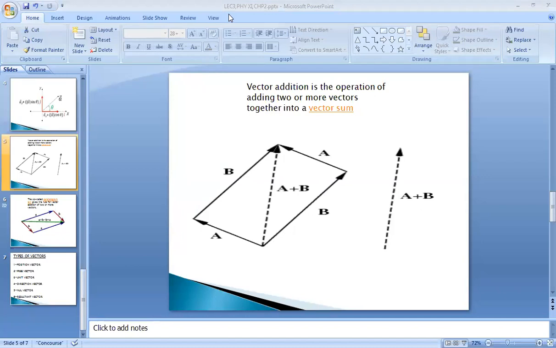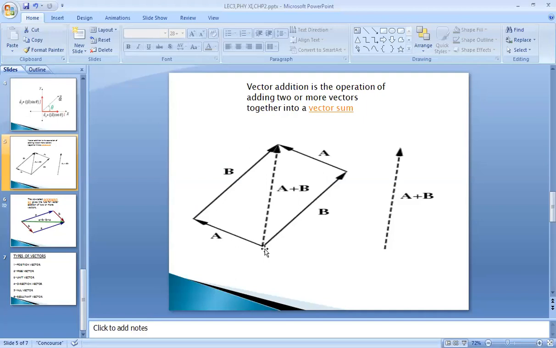There are two ways to go, B A or A B. There were two vectors A and B, and we draw B and A parallel to these. Vectors are free vectors and we can draw them parallel to each other. You can see clearly that this A and this A have the same direction and same magnitude, and this B and this B have the same direction and same magnitude.